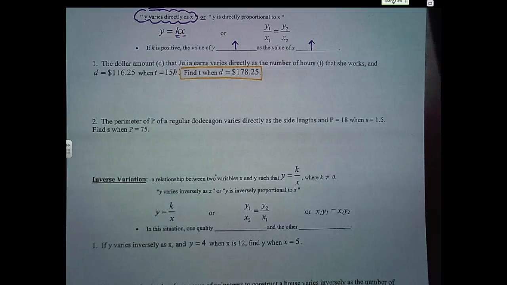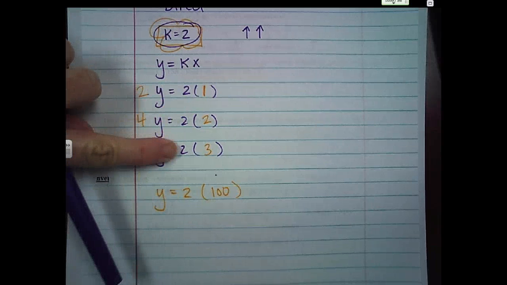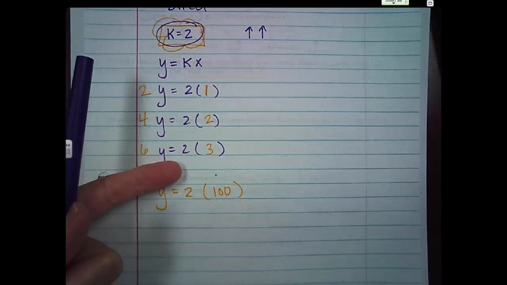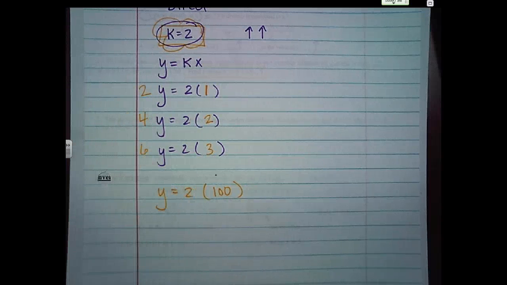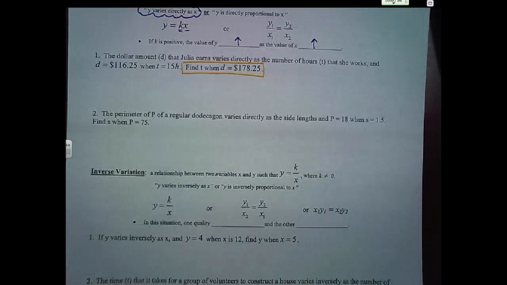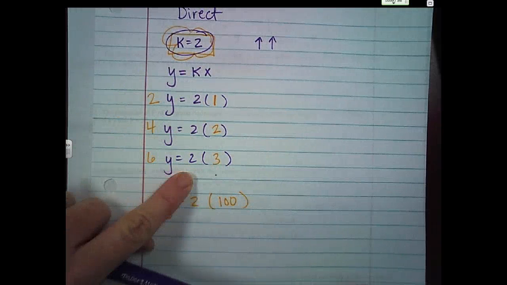And always in all of these direct variations, your key is to find the constant. Remember earlier we knew k was 2, right? I can find anything I want as long as you know the constant, the relationship between the two things. So step 1 in all these problems is to find the relationship, find the constant. Okay, it's called a constant. It's just, to me, easier to think about as a relationship between two numbers. In this problem, the relationship was twice as big, right?